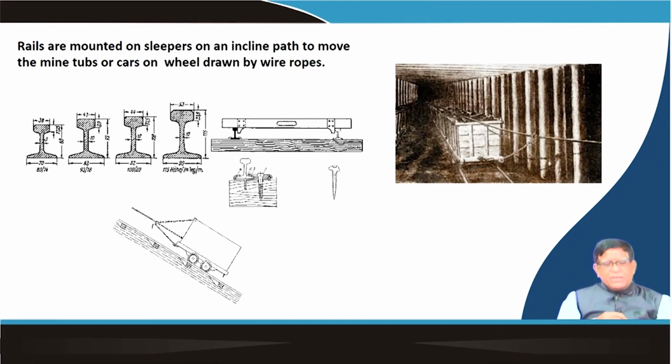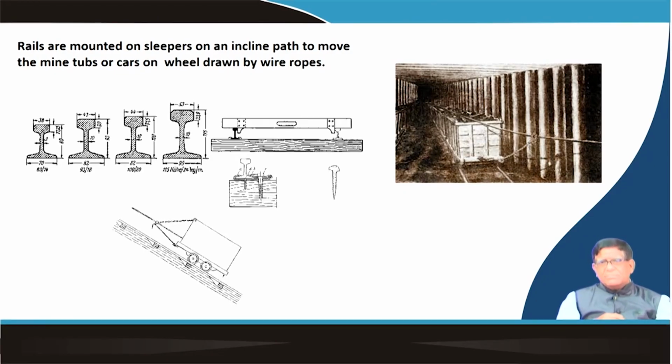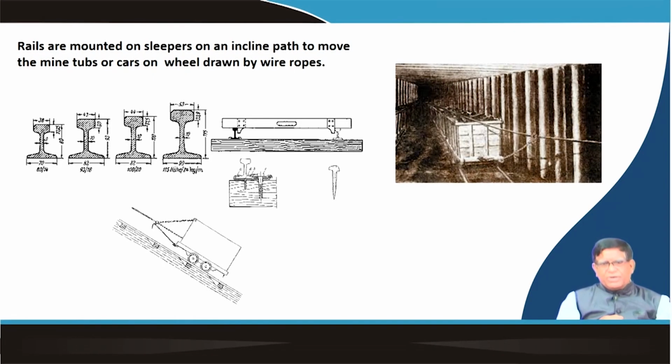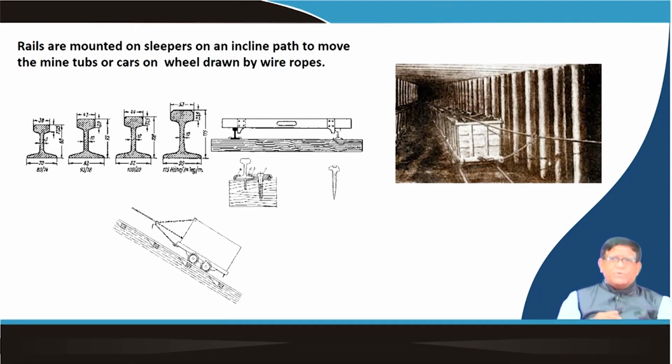As you have seen in any railway system, the rails are mounted on some sleeper. Invariably earlier it was a wooden sleeper; nowadays we have concrete or metallic sleepers. These rails are specified on the basis of the weight per meter, how many kg.